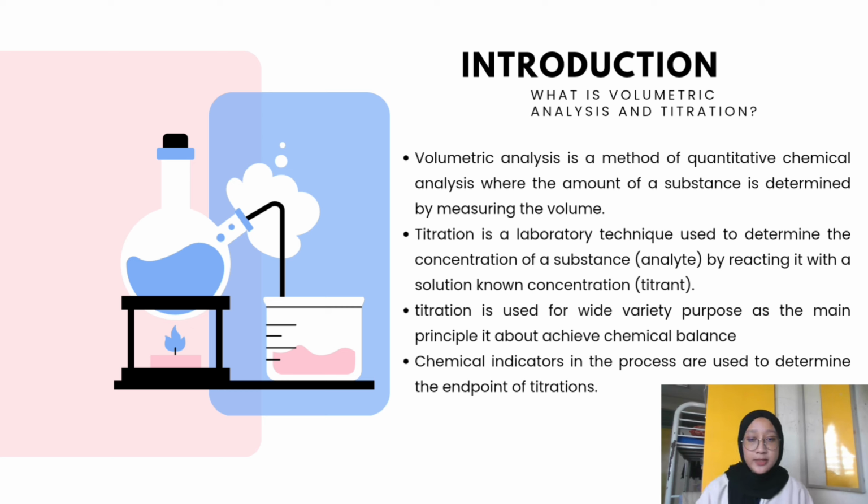Typical chemical indicators are used to determine the endpoint of the titration process, but this can also be chemically computed based on certain parameters like the molar that we need to calculate. Precision instruments like pH meters and calorimeters can also be used for determining the endpoint of the concentration, which, as I said before, is about achieving chemical balance.